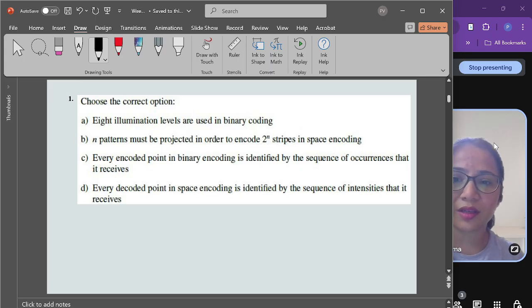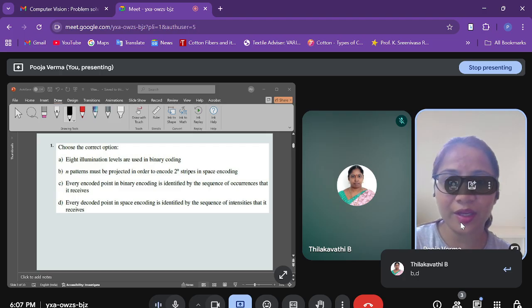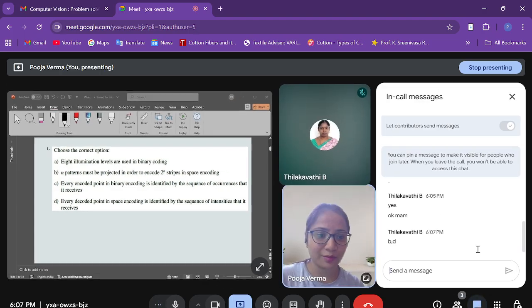Option D: every decoded point in space encoding is identified by the sequence of intensities that it receives. So which option is correct?